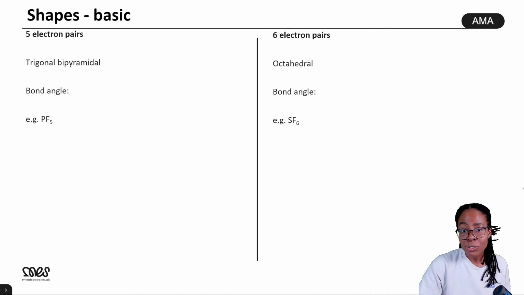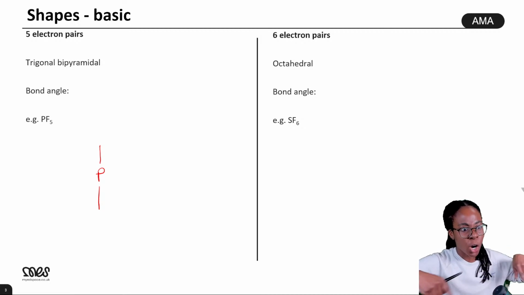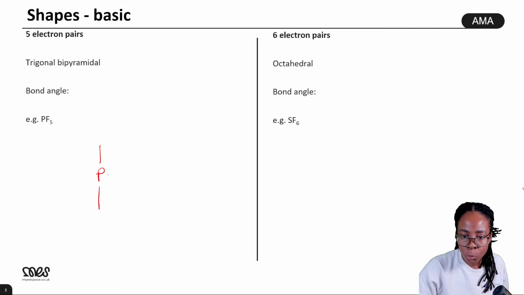For 5 electron pairs, that's trigonal bipyramidal, where we have a central atom, then we have one bond going up, one going down, and then we have the final three bonds around the equator. So like a triangle, one coming out to the side, one coming towards you as a solid wedge, and then one going back as a dashed wedge.